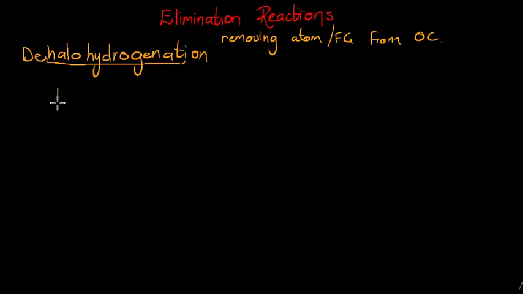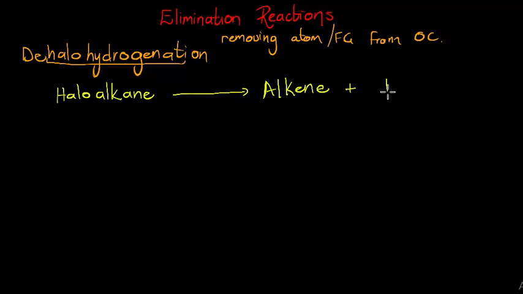Dehydrohalogenation means I start with a haloalkane, and then from that haloalkane I've got some reaction condition which I'll explain now, and then the product of this would be an alkene plus a hydrogen halide.